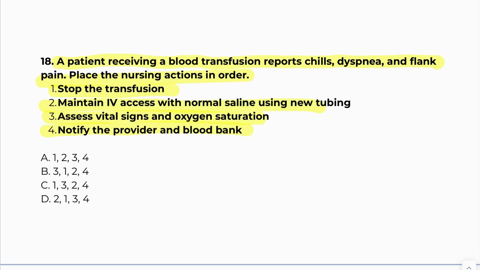To tackle this type of question, the first thing we need to know is what's the first thing to do. Everybody would definitely see stop the transfusion, right? So select an answer that has number one as the first thing, and anything that doesn't have that as the first intervention is definitely incorrect. So B and D are definitely out of the game. Now we just have to select whether we're going to do A or C.